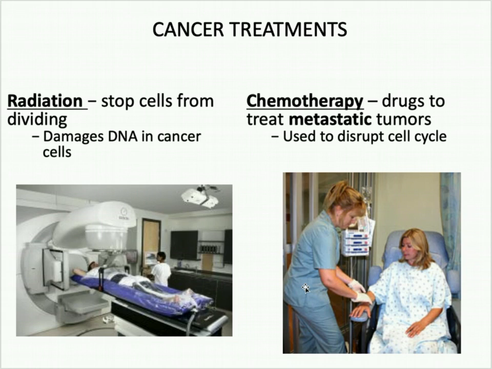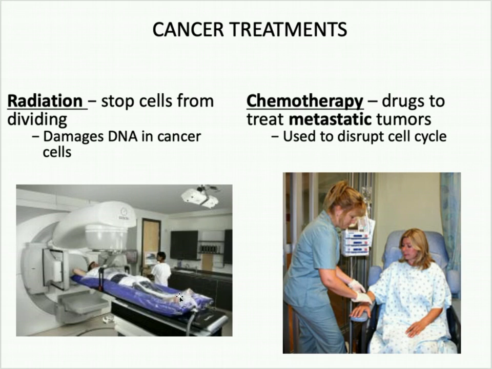It destroys the DNA in those cancer cells so that they can no longer divide, so that they can no longer sustain life. You can have a beam of radiation for local tumors, or you can be put into a machine that will have radiation going from different directions.